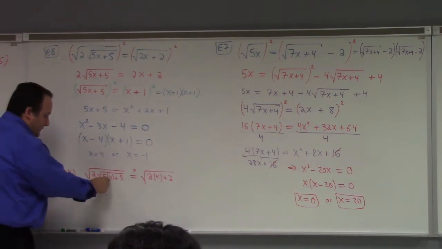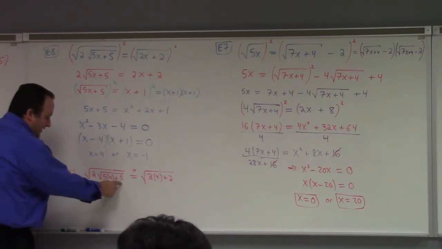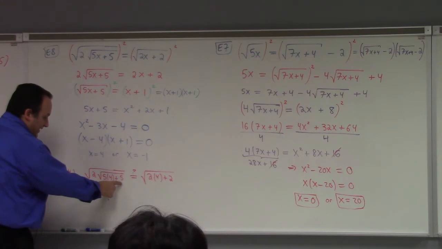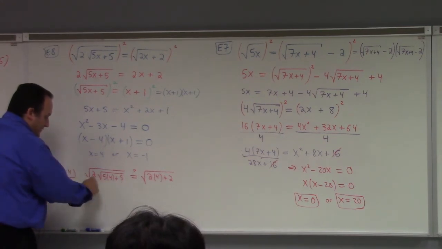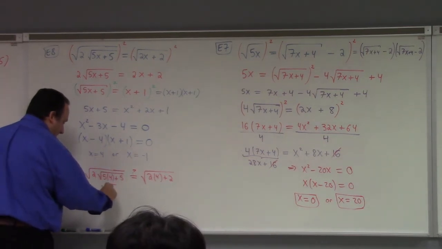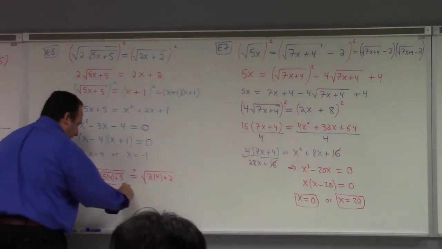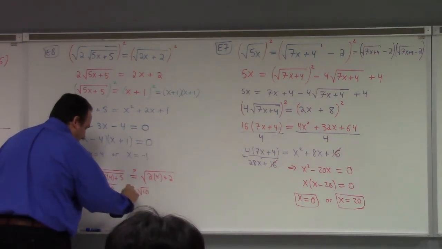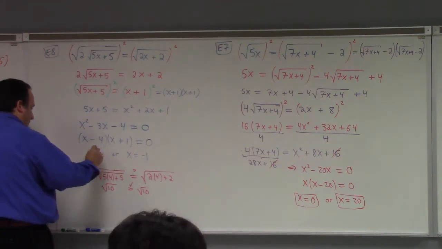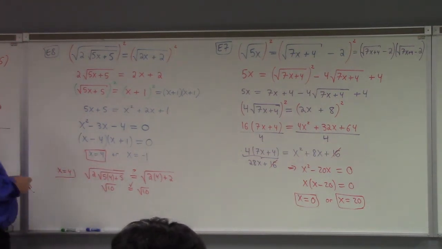So that's 20 plus 5, which is 25. The square root of 25 is 5. 2 times 5 is 10, so the square root of 10. And on the other side, we've got the square root of 10. So, yay, 4 is indeed a solution.